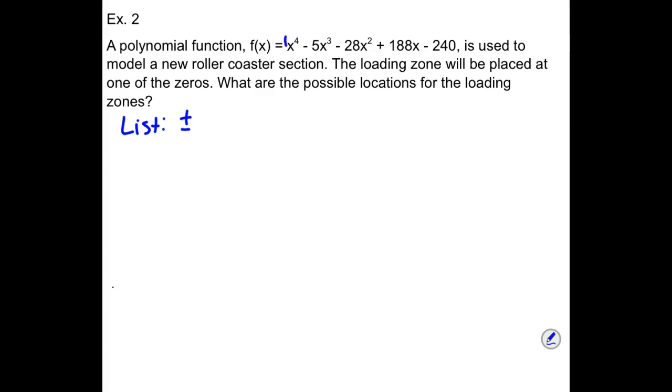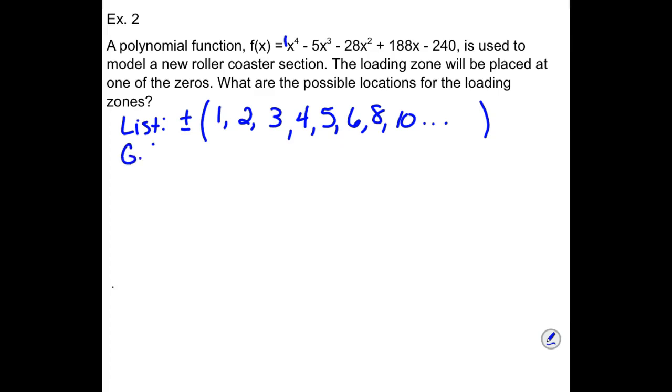Now, there's a lot of factors of 240, so let's just start our list. 1 goes in there, 2, 3, 4, 5, 6, 8, 10. There's a whole bunch. So let's go to the graphing calculator and see what it suggests.